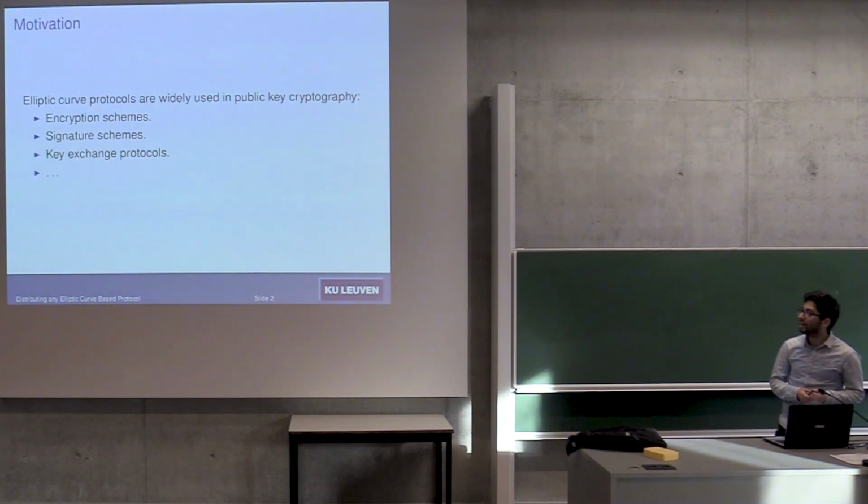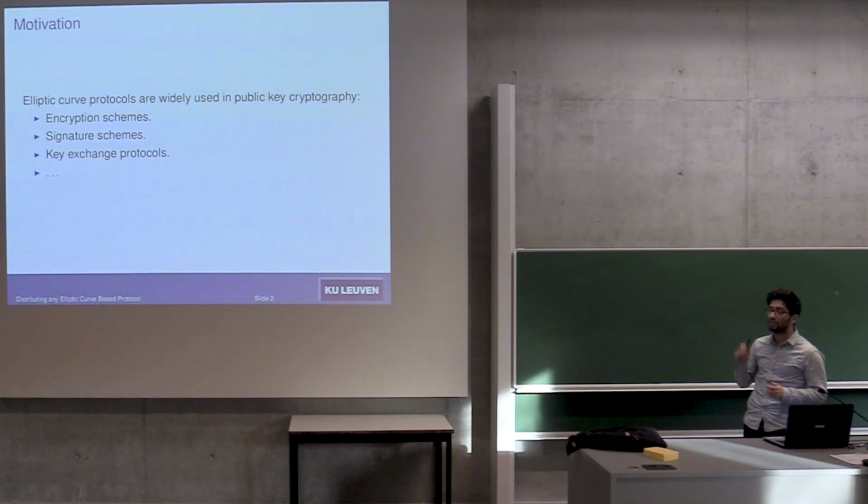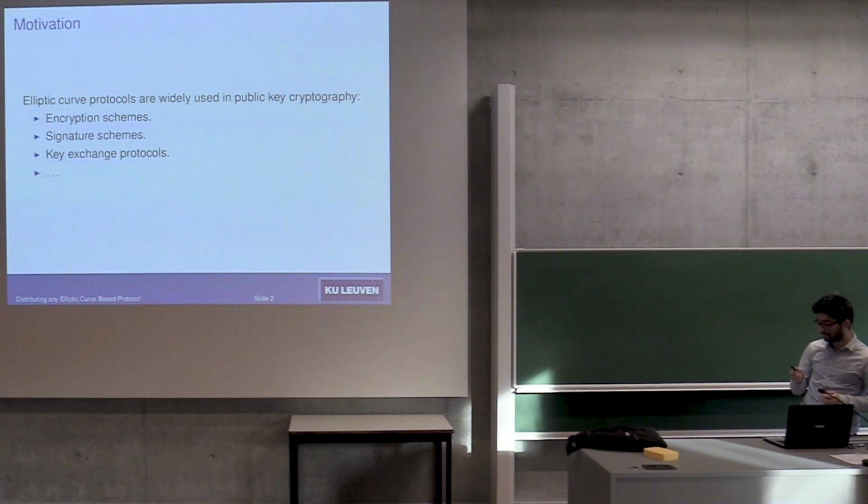So, elliptic curve protocols are extensively used in cryptography due to the security guarantees they provide. And so we have many cryptographic primitives based on elliptic curves, such as encryption and signature schemes.